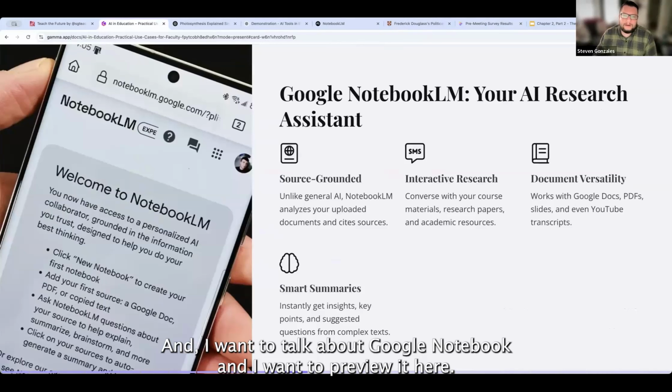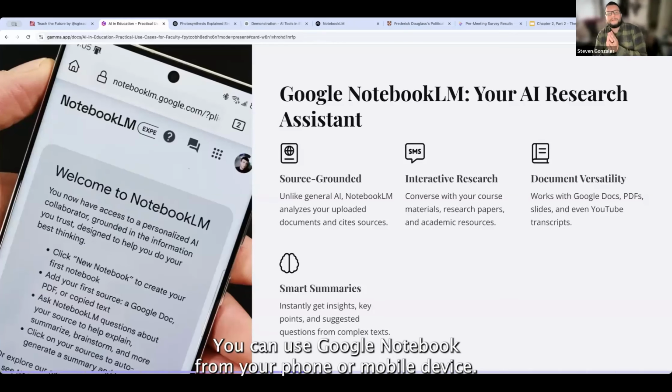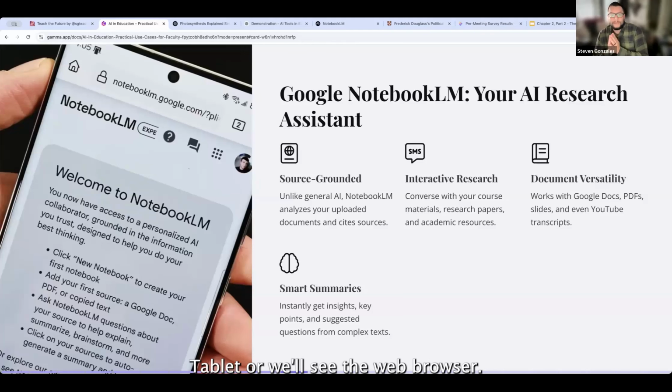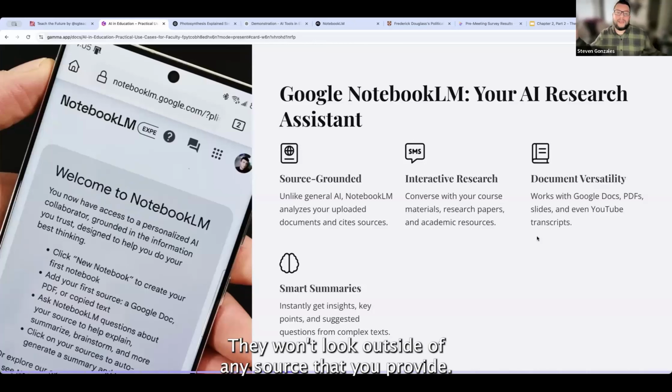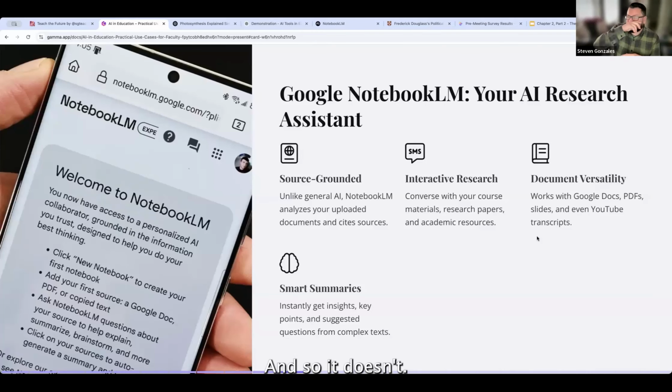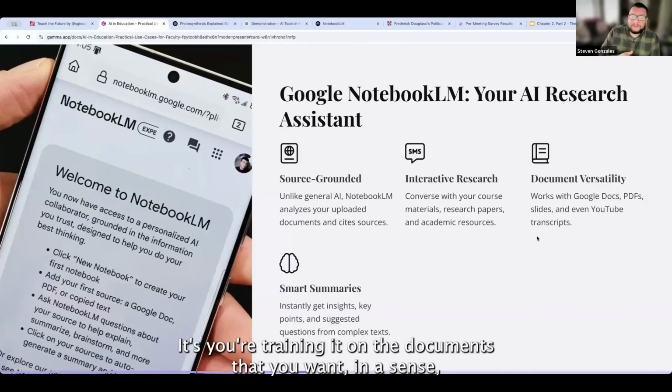I want to preview Google Notebook here. You can use it from your phone or mobile device, tablet, or the web browser. So what is Google Notebook? In a way, it's like ChatGPT, except it works with your own documents. You are providing the sources. It won't look outside of any source that you provide, so you're training it on the documents that you want.